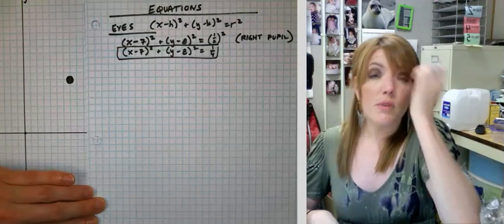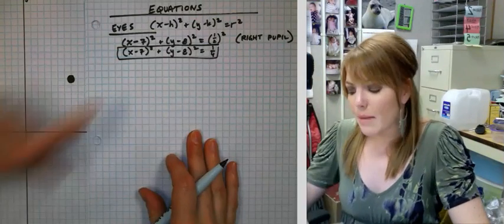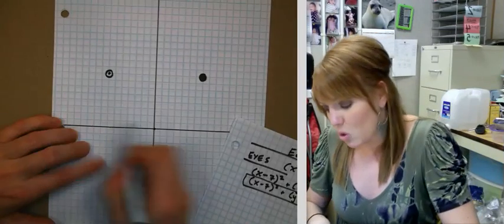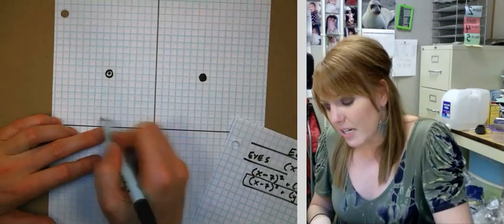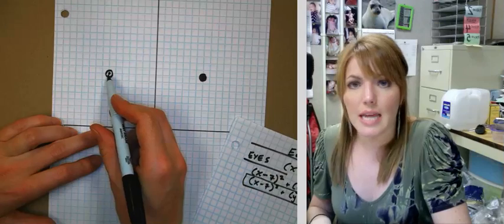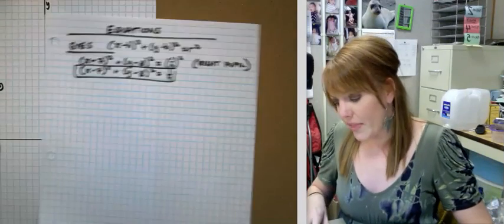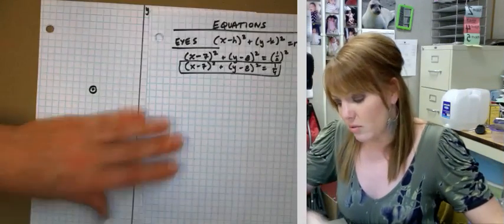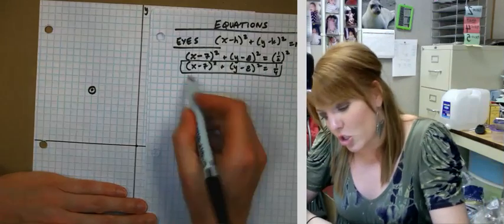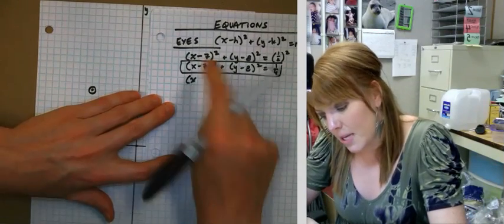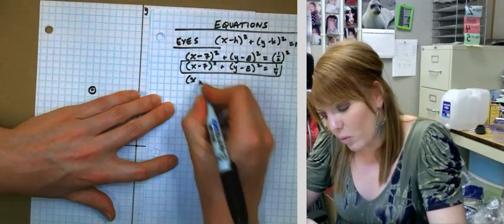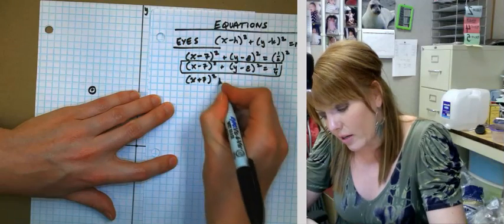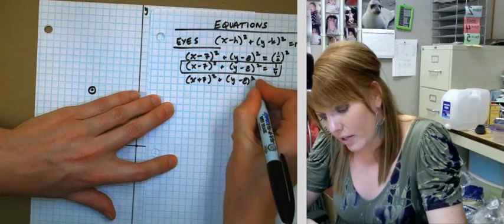Then if we move over to the other one, it's the same exact thing, except that the x-coordinate is negative. So it's (−7, 8) to get to that point, which means the way that this should be modified is (x − (−7)), which turns into (x + 7)² + (y − 8)² = 1/4.